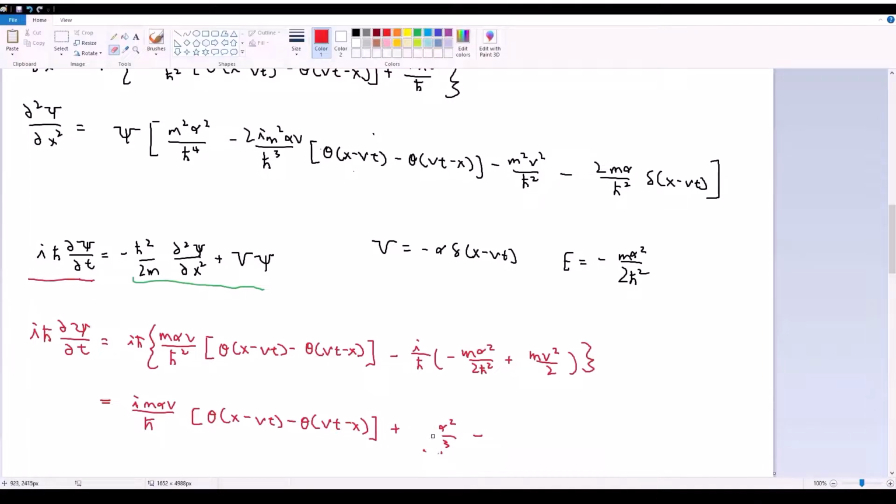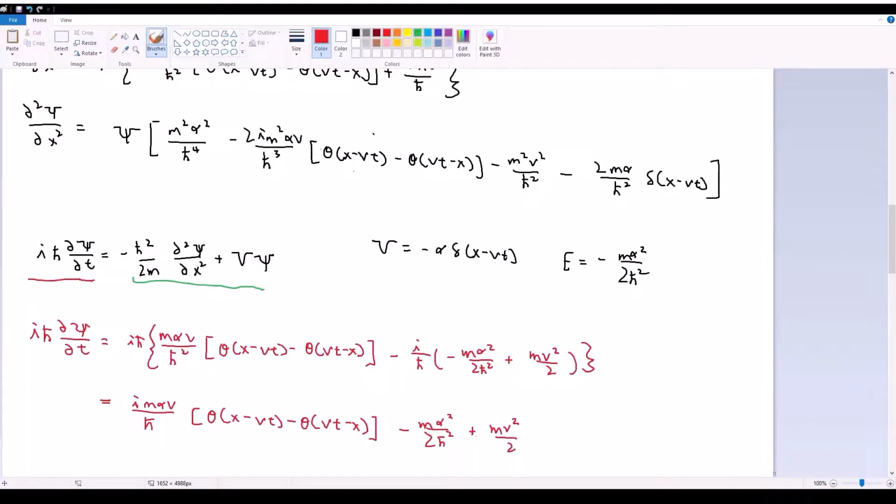I want to multiply the i h bar to the front, so this is going to give me i h bar multiplied by negative i over h bar. The h bars cancel, the two i's make a negative, that becomes a positive. So this is going to give us minus m alpha squared over 2 h bar squared plus m v squared over 2.